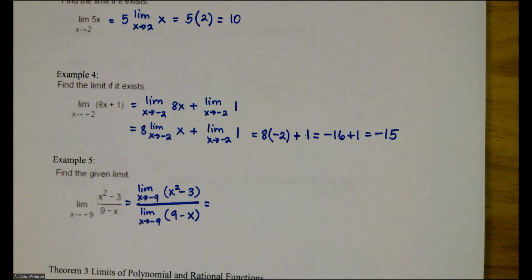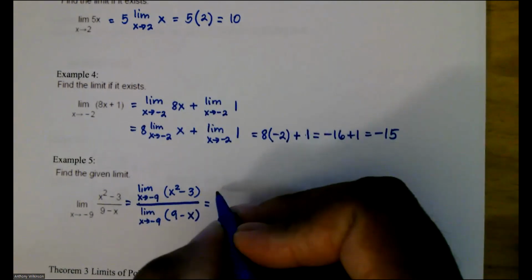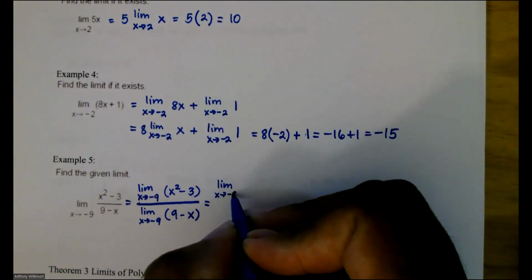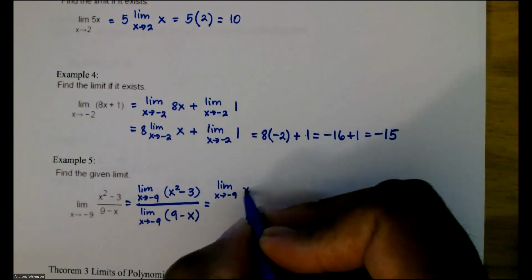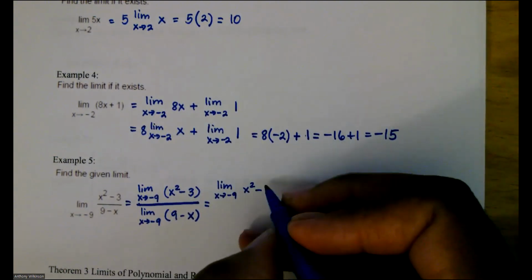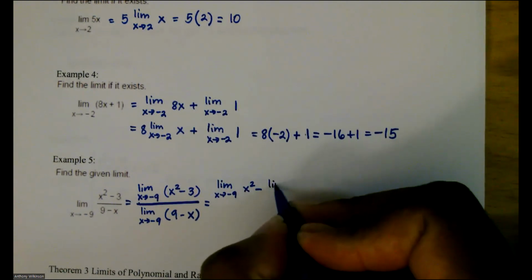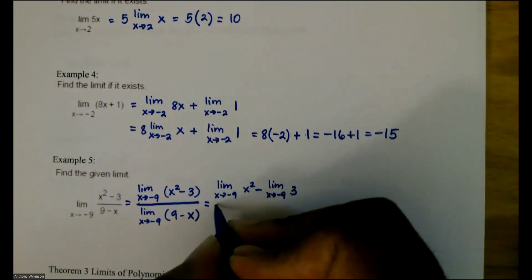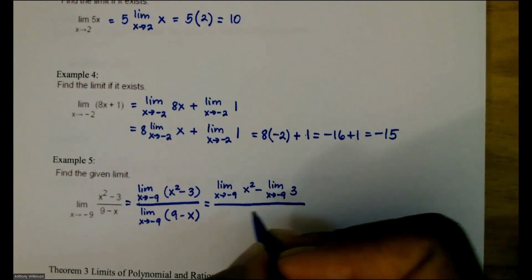And of course, in the numerator and the denominator, I have the limit of a difference. Each one of them, I can write as the difference of the individual limits. So that means I have the limit as x approaches -9 of x squared minus the limit as x approaches -9 of the constant, which is 3.